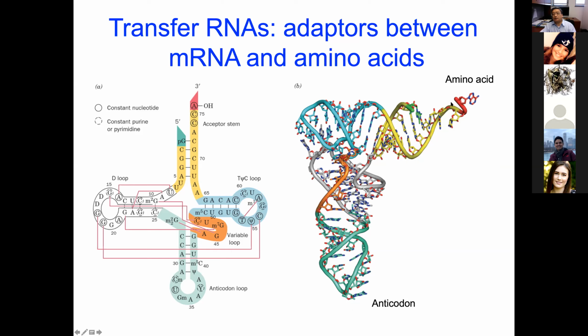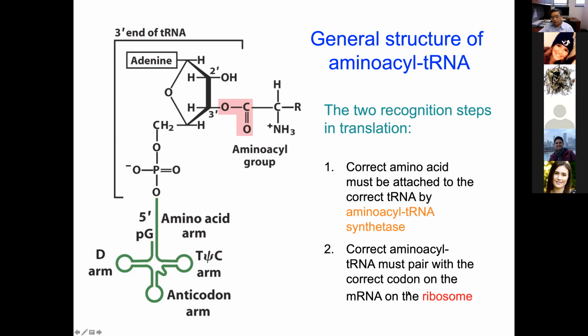So this is a brief overview of aminoacyl-tRNA and how amino acids get coupled to the tRNA molecule. These are the two important steps for the correct translation of messenger RNA information into protein. As you will see in the next lecture, the ribosome itself does not recognize the amino acid. It does not even recognize which tRNA is which.